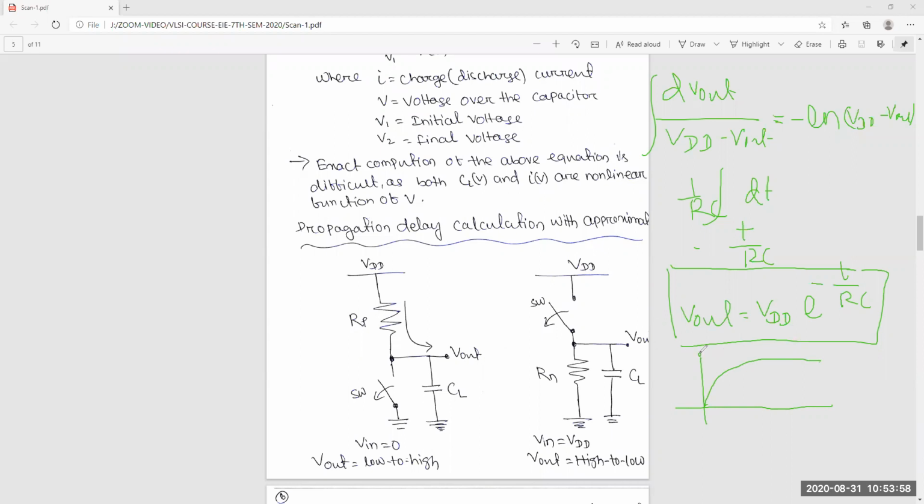So this is the discharge equation. For charging, V out will be VDD into 1 minus e to the power minus T by RC. So this is the charging and discharging curve and the equation.